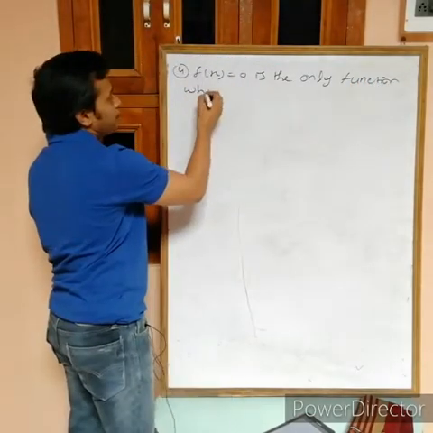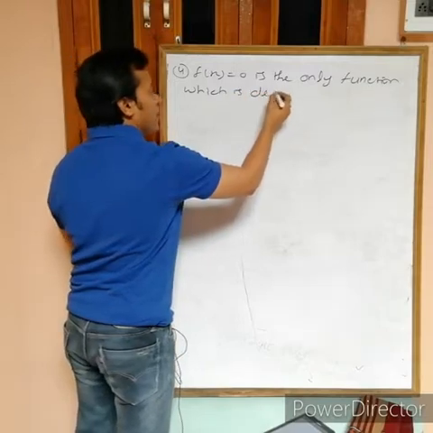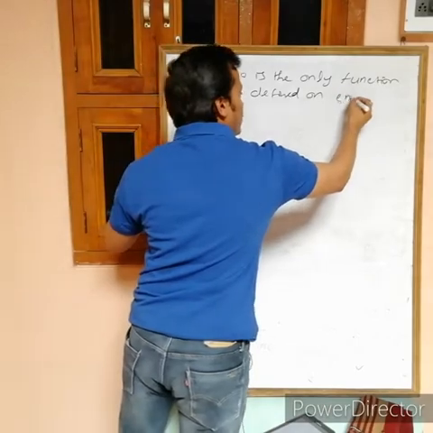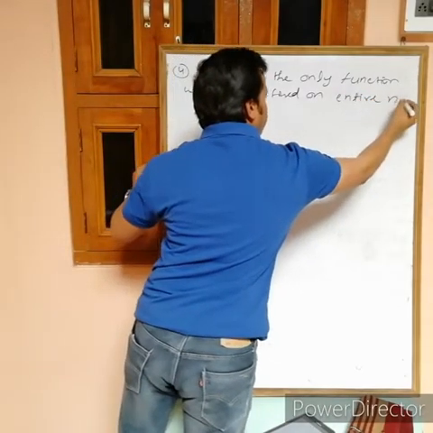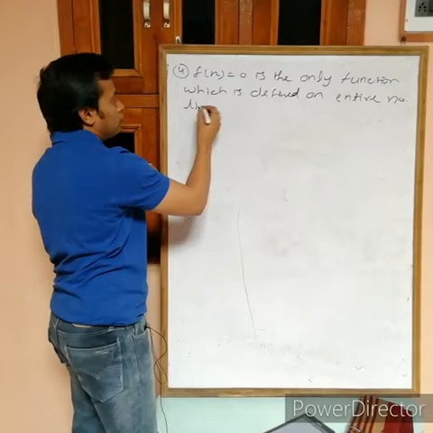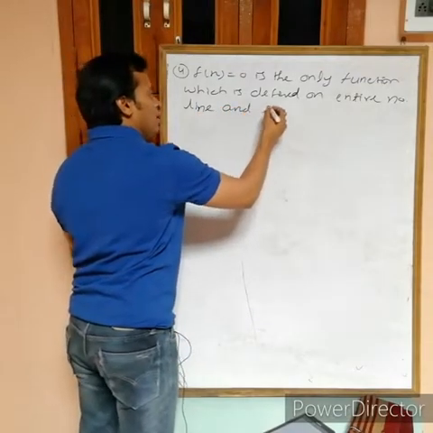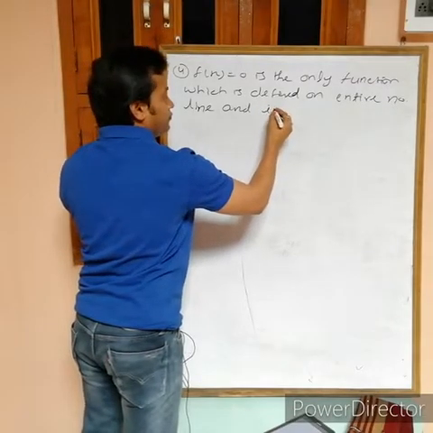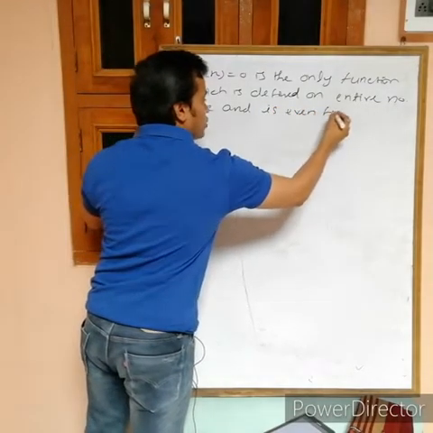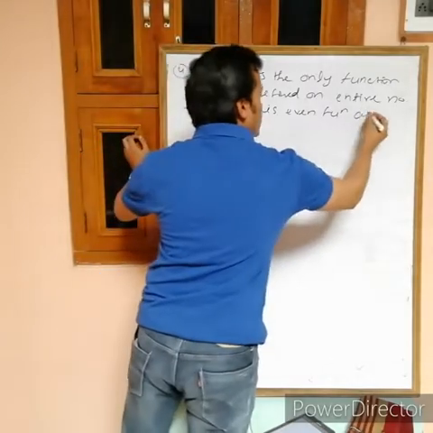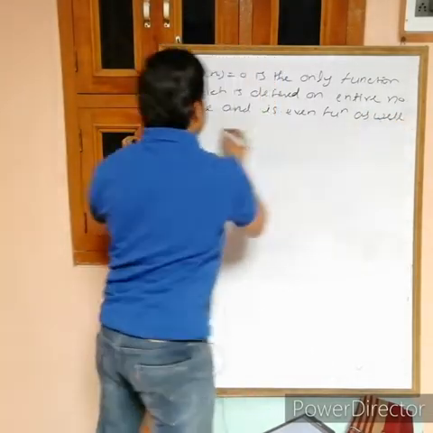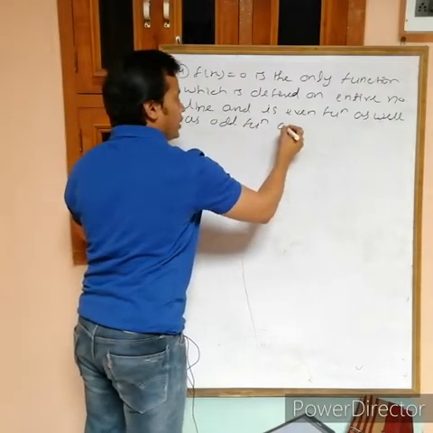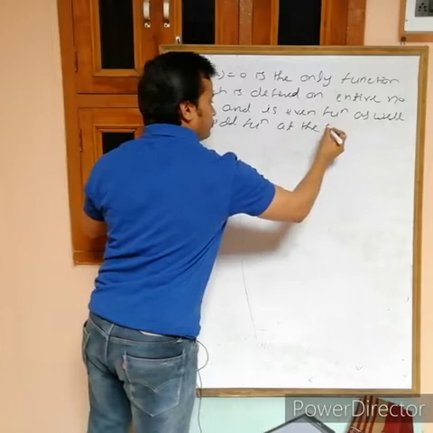which is defined on the entire number line and is an even function as well as an odd function at the same time.